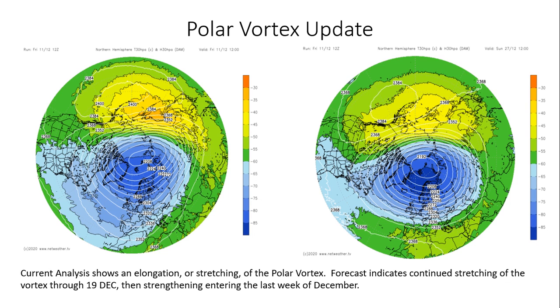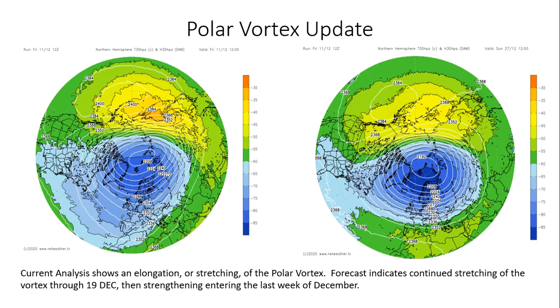I've paid attention to this GFS model for the polar vortex. Look at the graphic on the right. That takes us out to the 27th, just about 2 weeks out, 27 December. We go from more of a stretching, elongated polar vortex through about the 19th of December to a re-strengthening polar vortex the last week of December. So you notice the shape of those white lines.